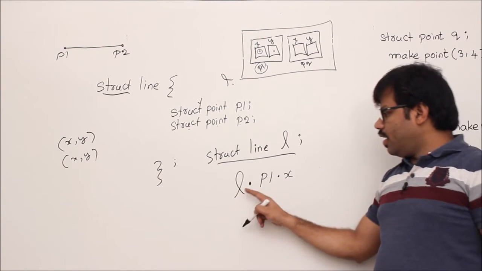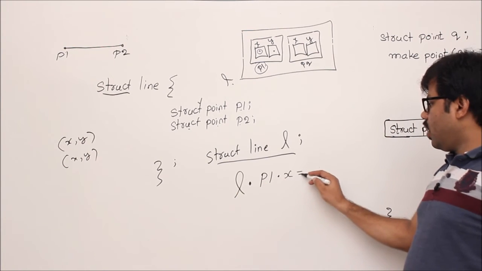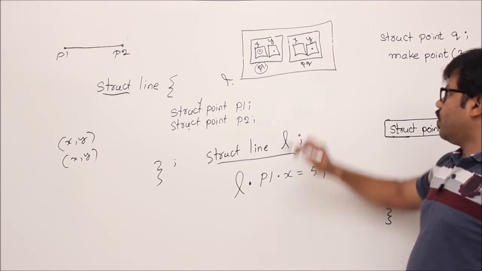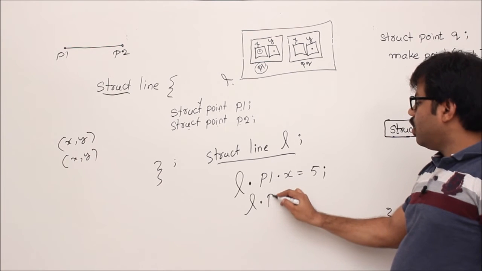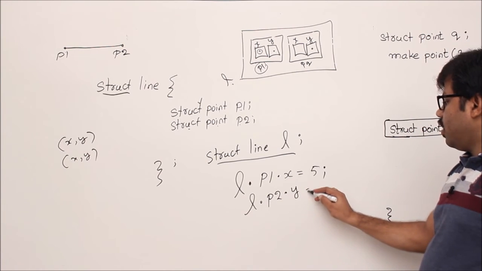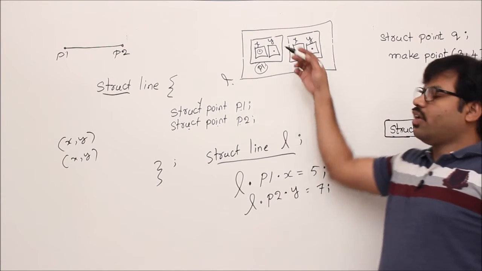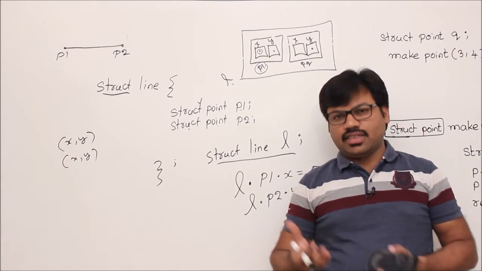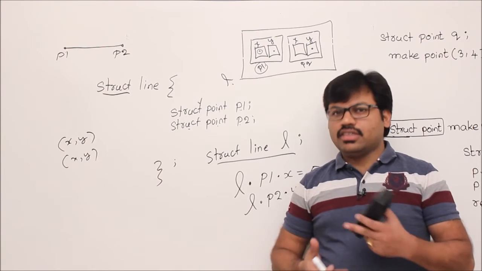So you write L.p1.x and write whatever you want, for example 5. Similarly, if you want to refer to this one, you write L.p2.y = 7. In that way you can fill all those values. Understand? So this is about nested structures, a structure in a structure.